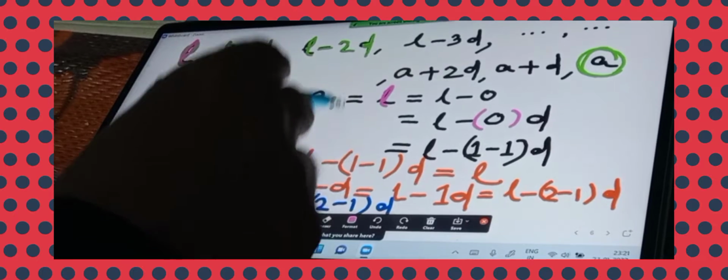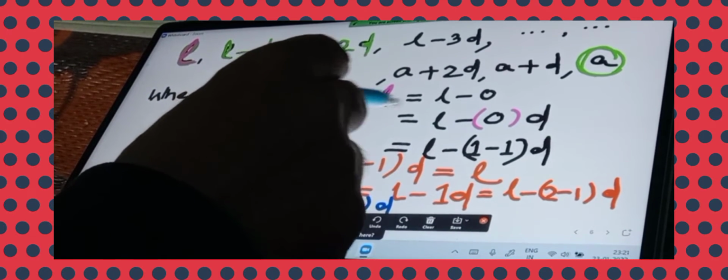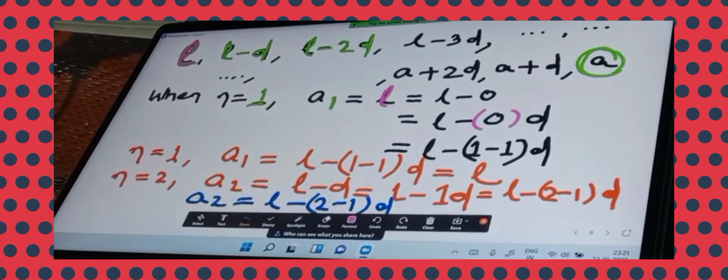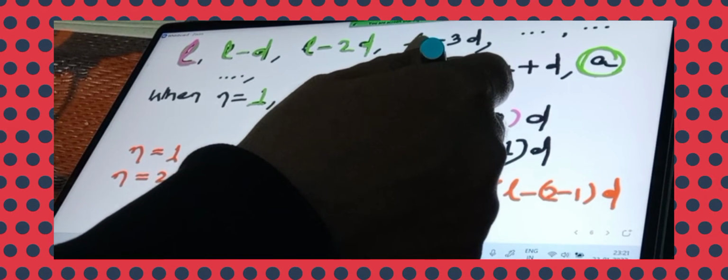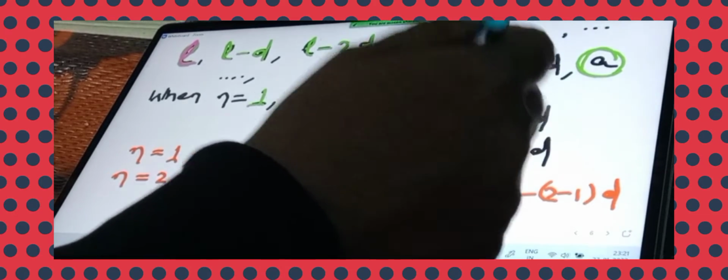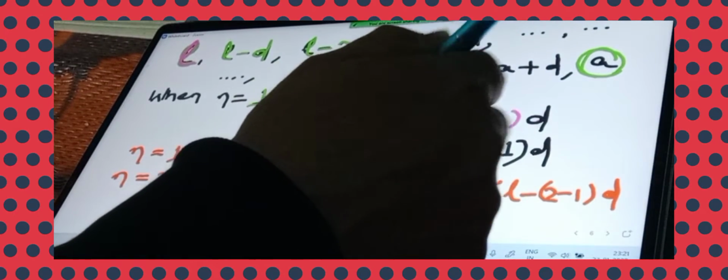And here can you modify L as L minus 0? L minus 0 is also L. Can we write it as L minus 0 into D? Because 0 into D is also 0.